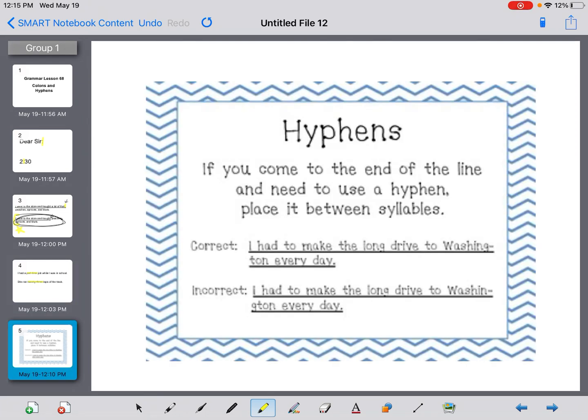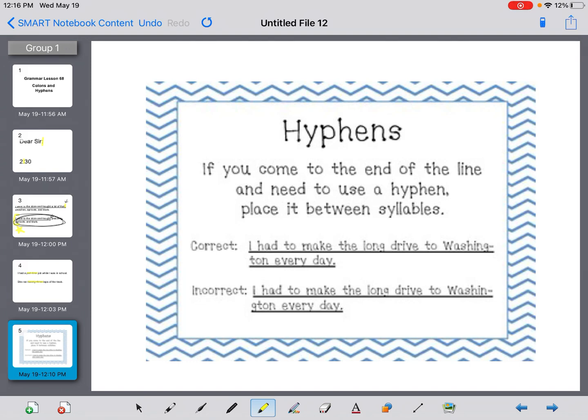Now, there's another time that you use hyphens, and this would be when you are writing longer paragraphs and you come to the end of a line and you have a bit of a longer word that doesn't fit at the end of the line. You need to separate that word using a hyphen, but there are a couple things to keep in mind. Number one, you have to make sure that where you separate it is in between syllables.